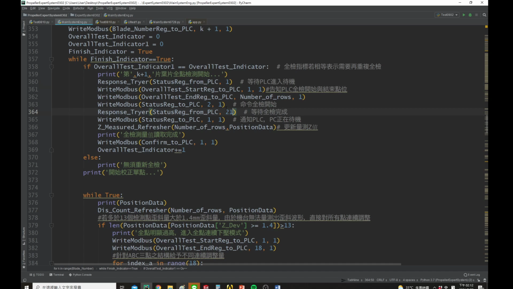So did you write the overall test starting register yourself, in Python or in the PLC? Is it a function from you or from the program?